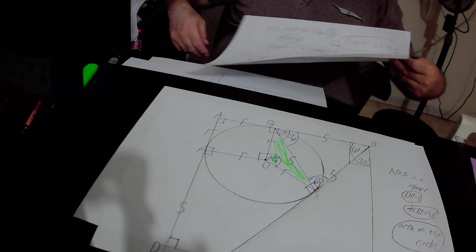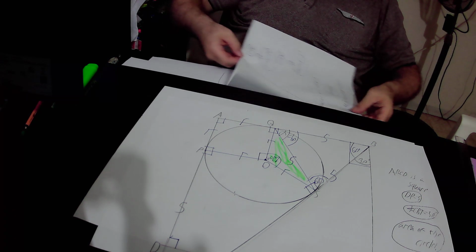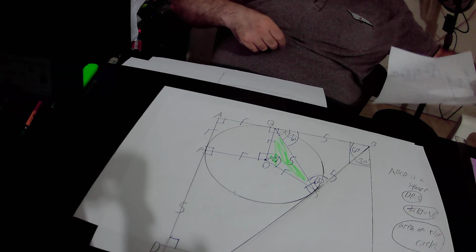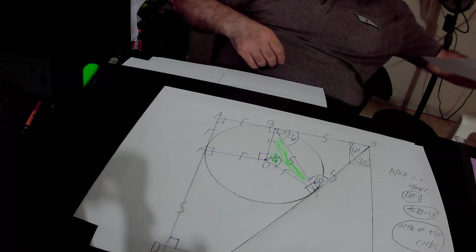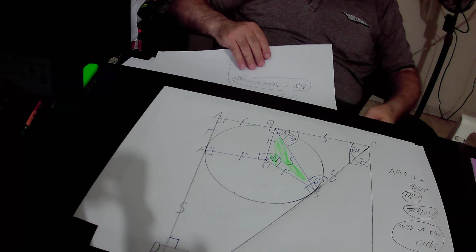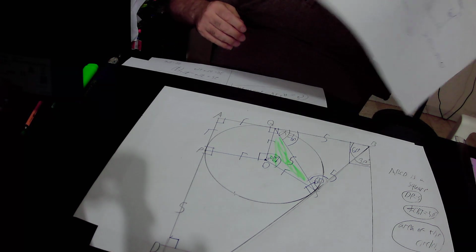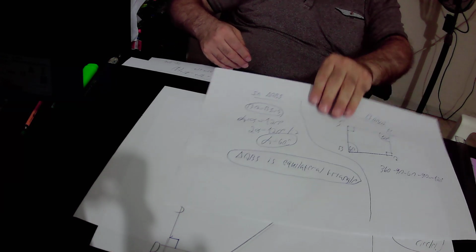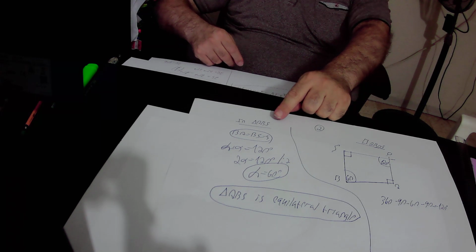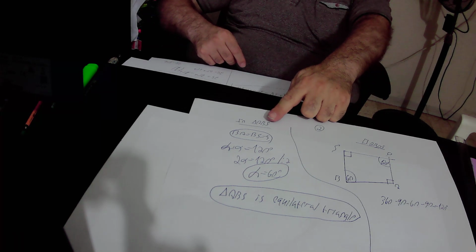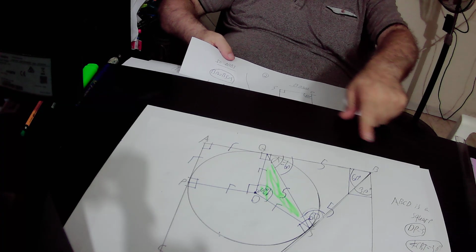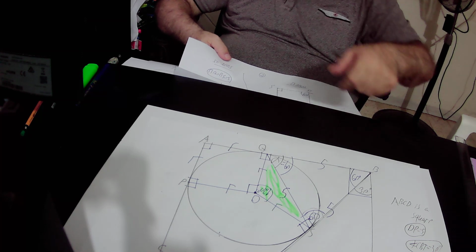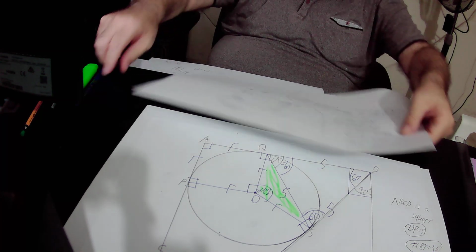That is to say, BQ equals BS according to rule number 2.